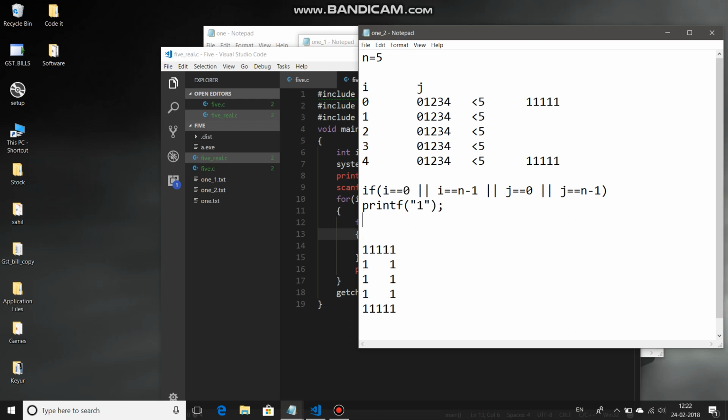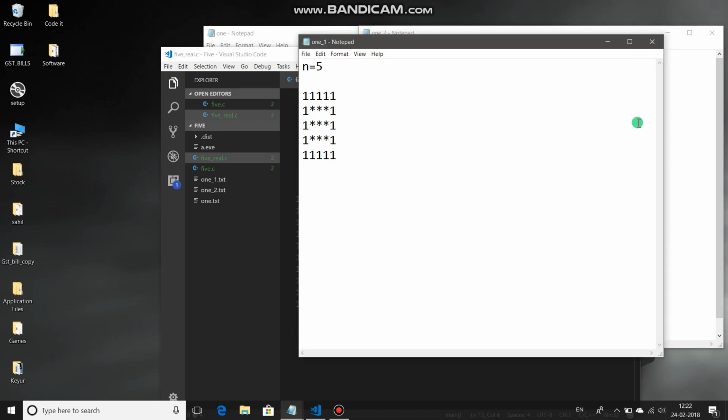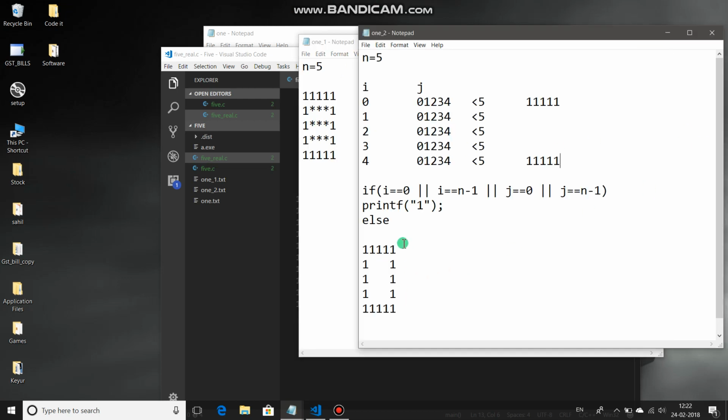Okay, else what you need to print, we need to print star, that is, we can say, space in a real pattern. So let's just print else space.